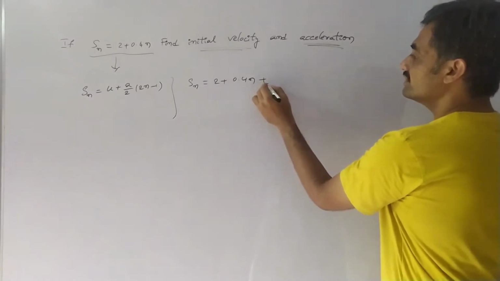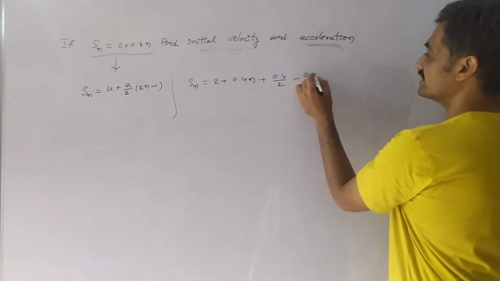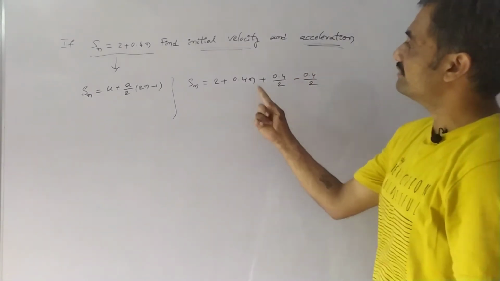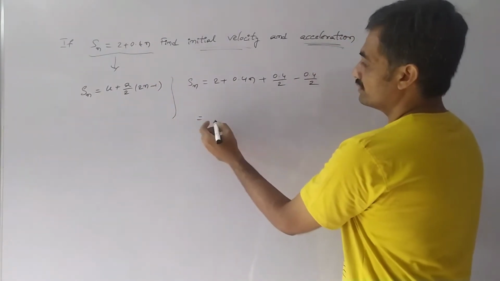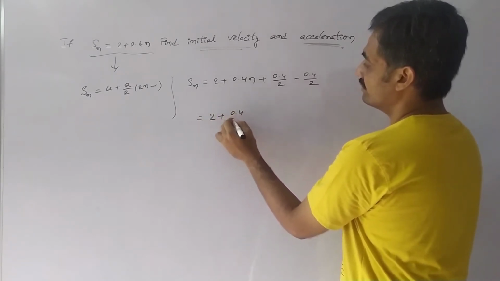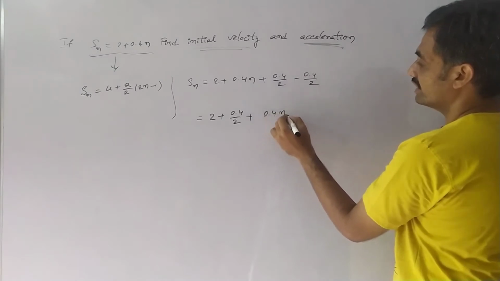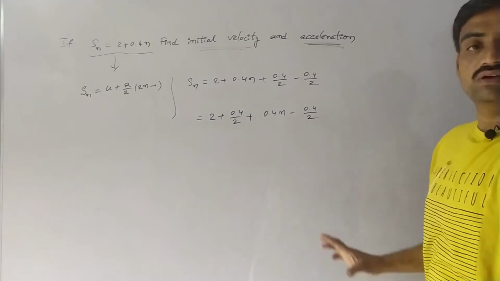Now we have to add 0.4 by 2 and subtract 0.4 by 2. These two get cancelled, so we get the same equation. We can write it as 2 plus 0.4 by 2, plus 0.4n minus 0.4 by 2.